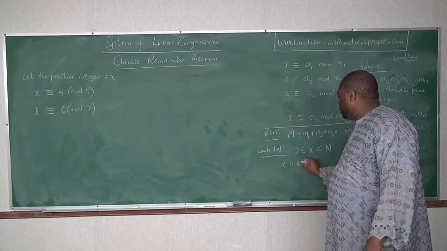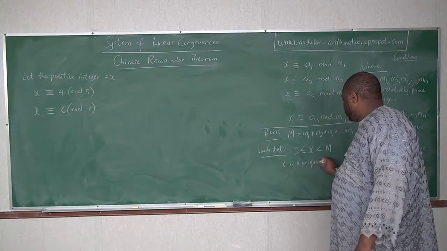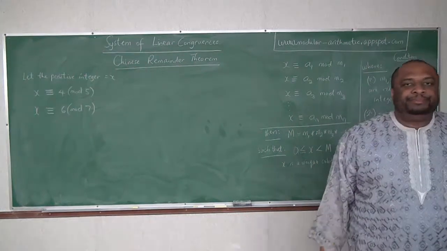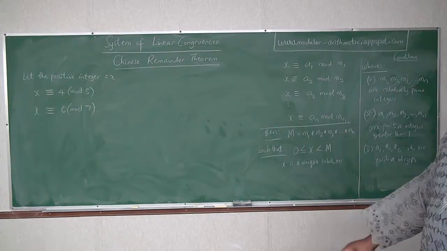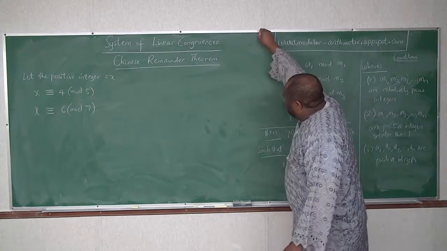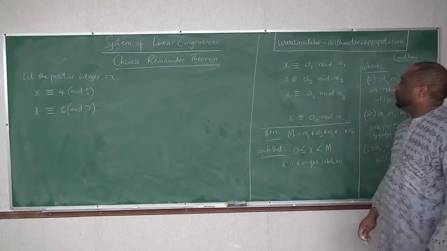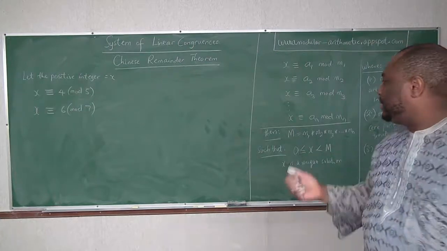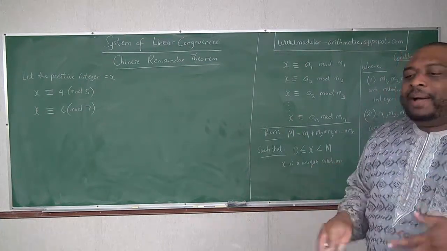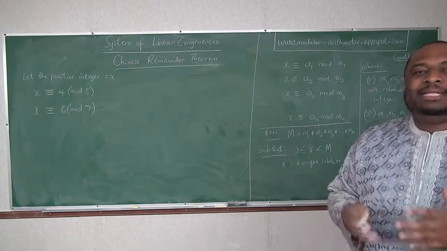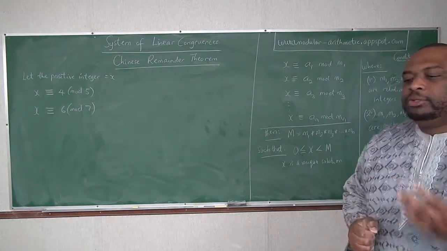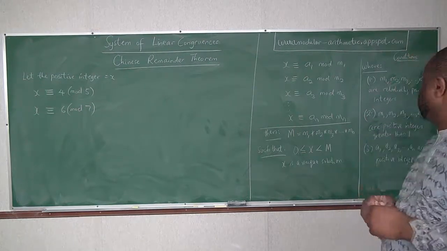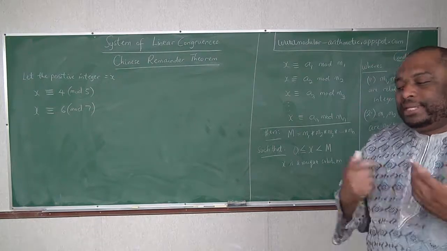X is the unique solution between 0 and M. That is the Chinese remainder theorem. So when you have a system of linear congruences whereby the moduli are relatively prime, and each modulo is a positive integer greater than 1, you have a unique solution.